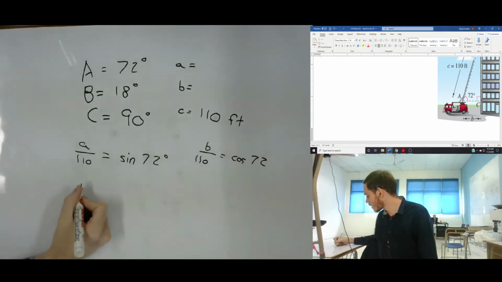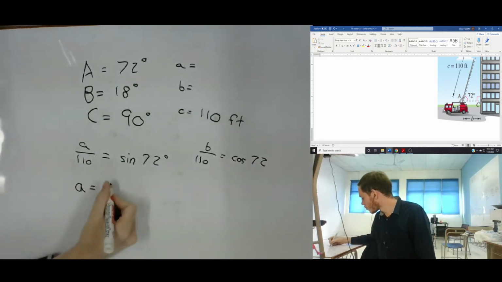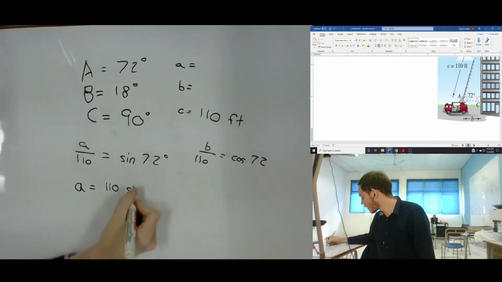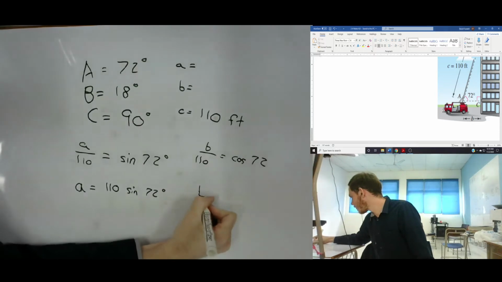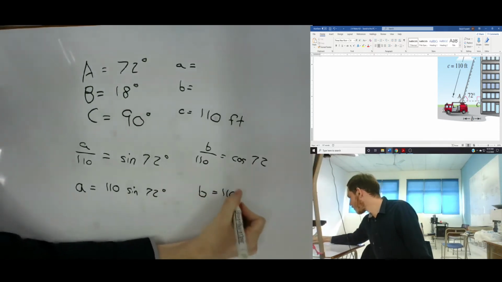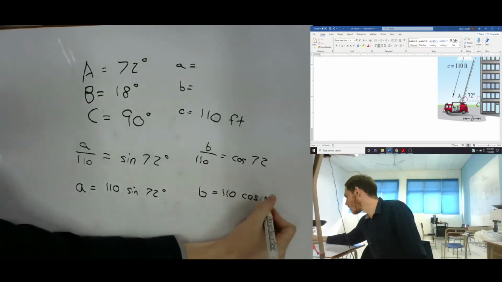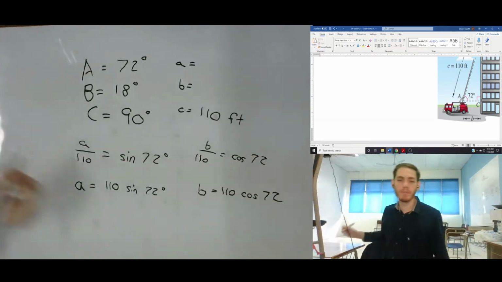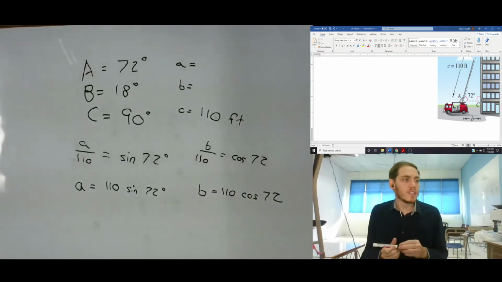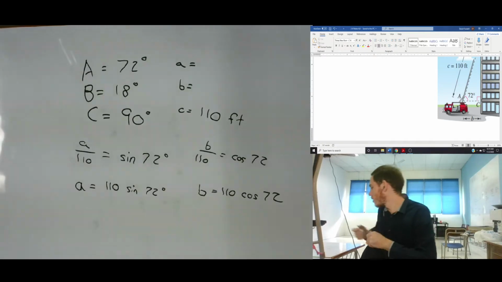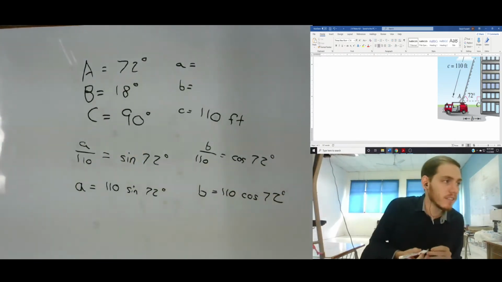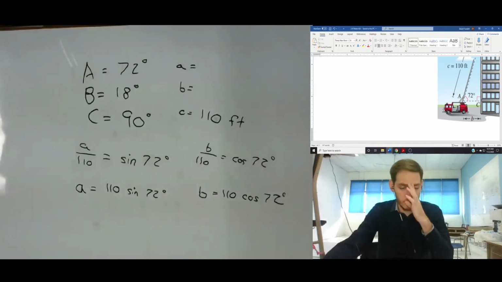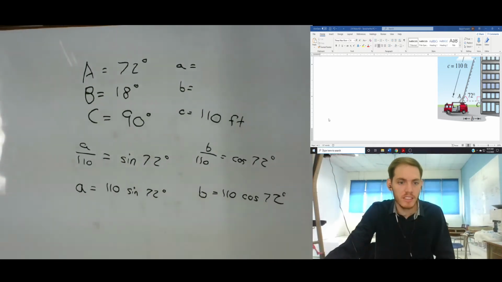So then you get a equals 110 times sine of 72 degrees, and b equals 110 times cosine of 72 degrees. Okay. So doing the math, what are we going to get? Well, let's plug it into the calculator again.